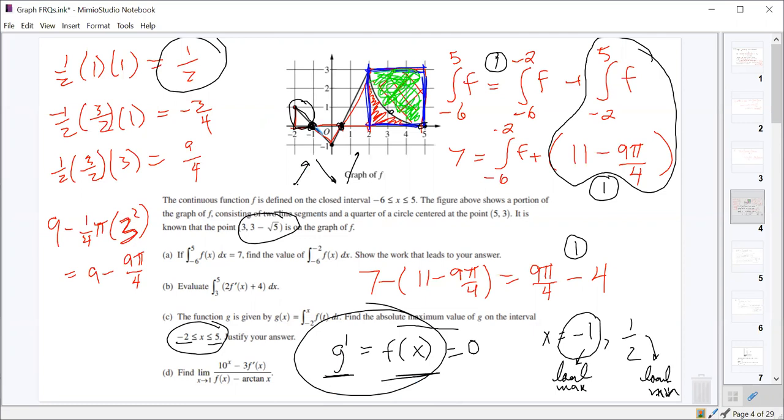Then f, which is g prime, was negative in between, which told us it was decreasing. So that told us we had a local max at -1. Then the derivative of g, f, went back to being positive, which meant that the function g started increasing again at 1/2, which is why we knew it was a max at -1 and a min at 1/2. Okay, got it. Thank you. Yep.